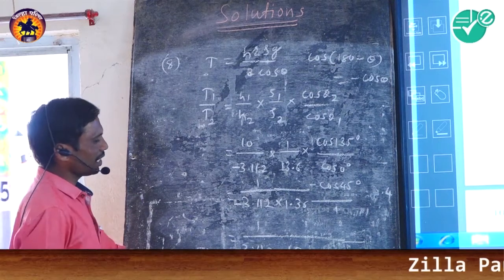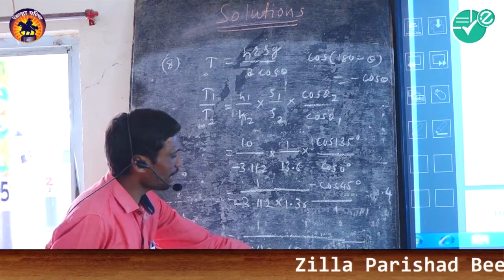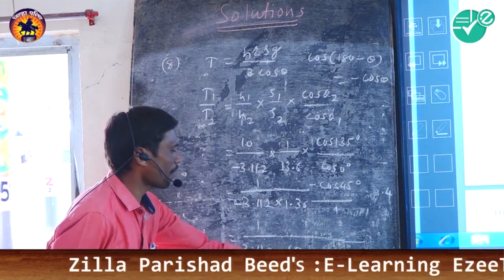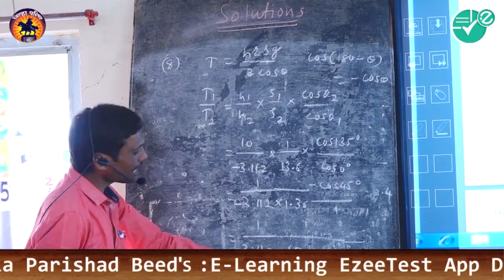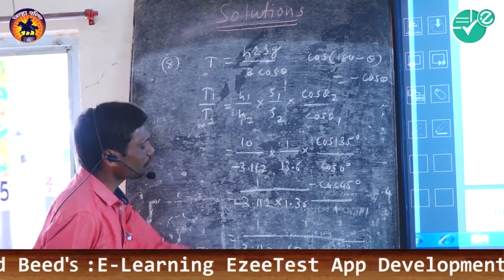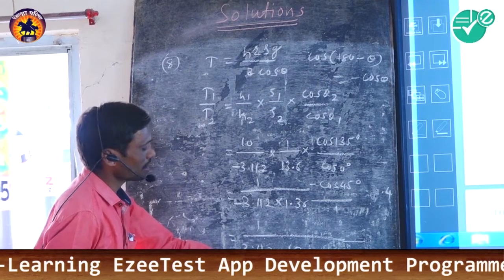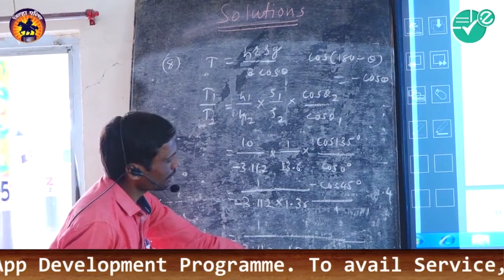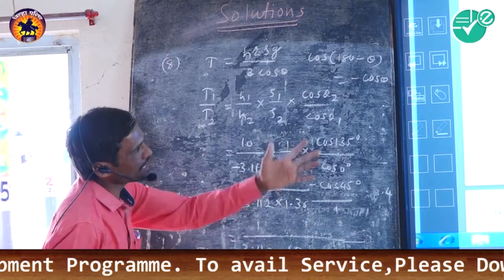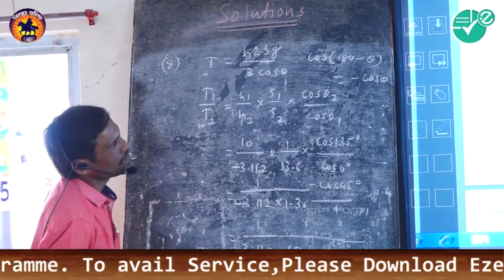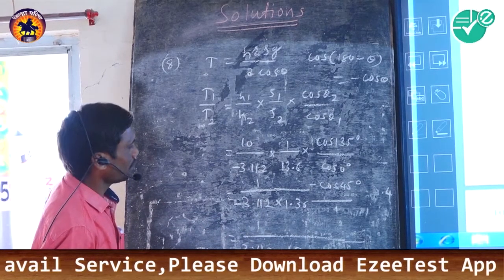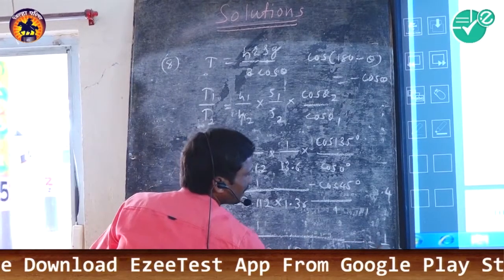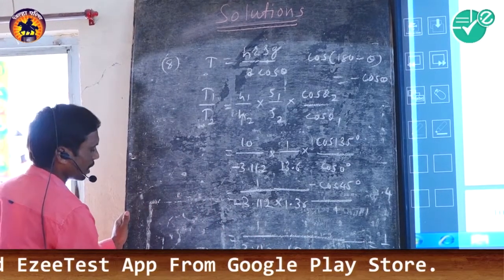Calculating this, it is 3, and approximately, considering here 1.5, we get 4.5, and 4.5 into approximately 1.4 or 1.5, so we get 7.5. It means the nearest answer of this question is 1 by 6. It means option C1 is correct.